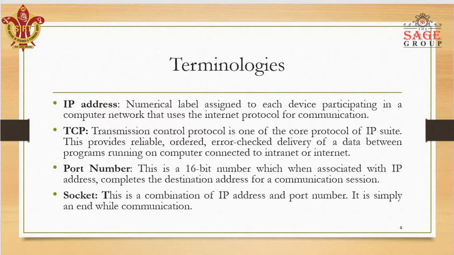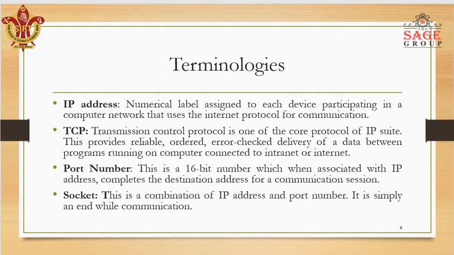Third one is port number. This is basically a 16-bit number which works associatively with the IP address. That is, while establishing communication between the two systems, port number is associated with IP address in order to complete the destination address for the current communication session. Socket.